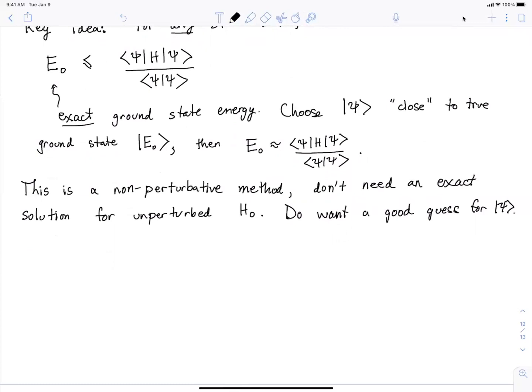For example, you probably don't want your guess to have lots of wiggles in the wave function. I'll write this in the language of a 3D problem. So if we write down the wave function like that, this should have as few wiggles as possible.